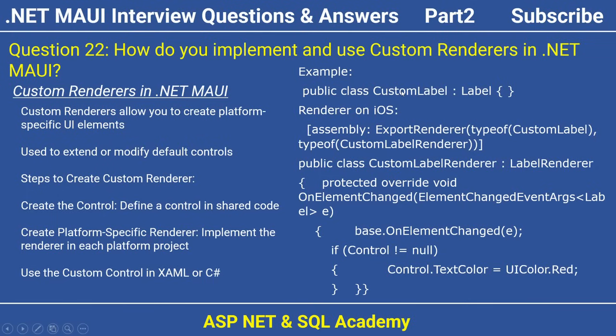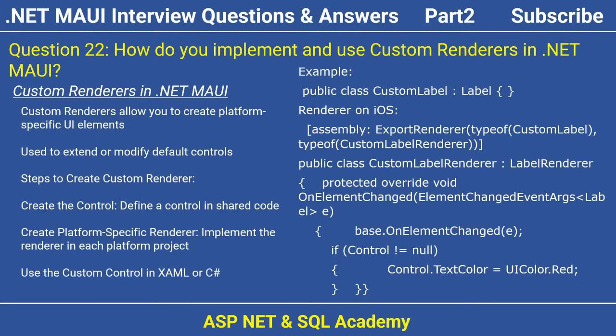In .NET MAUI, custom renderers are used to customize the platform-specific implementation of a control. This is especially useful when you want to tweak or extend the functionality of a default UI control for different platforms. To implement a custom renderer, define a shared control in your core project, such as a custom label.